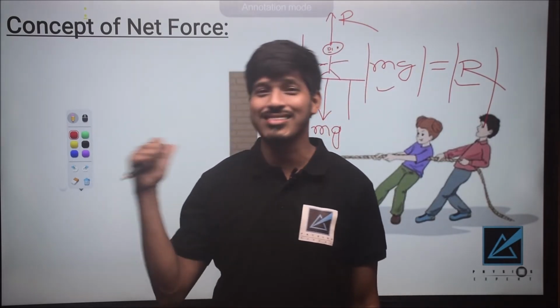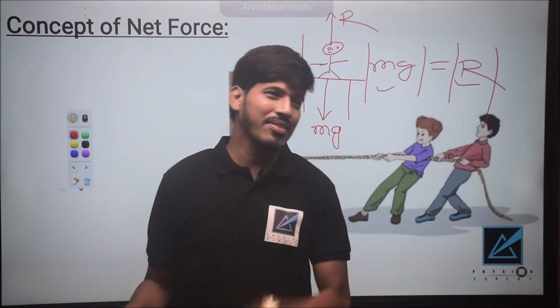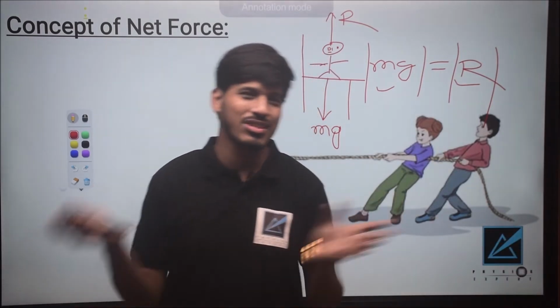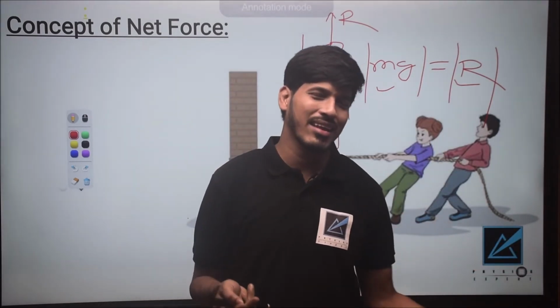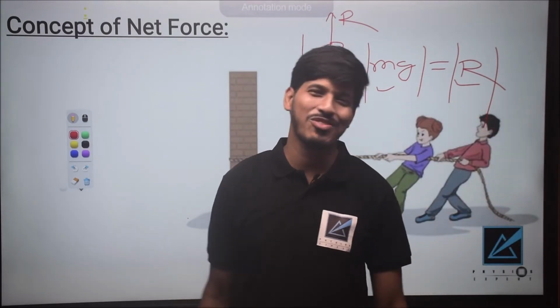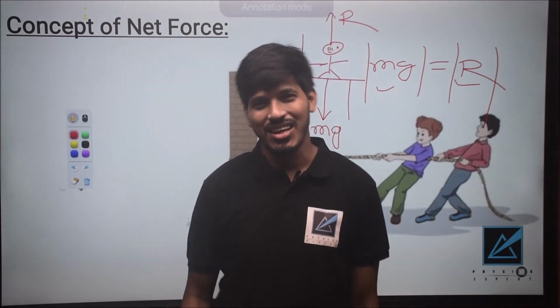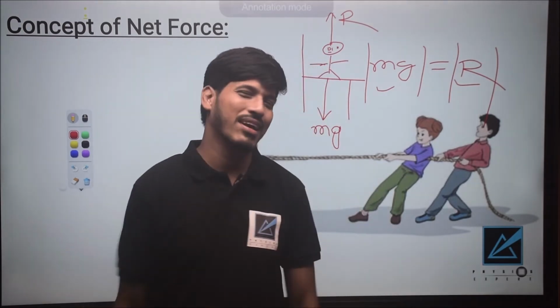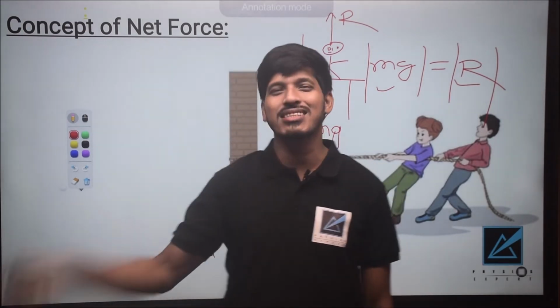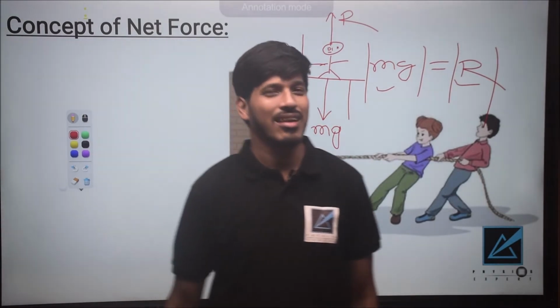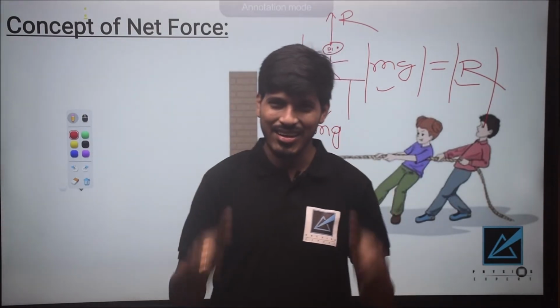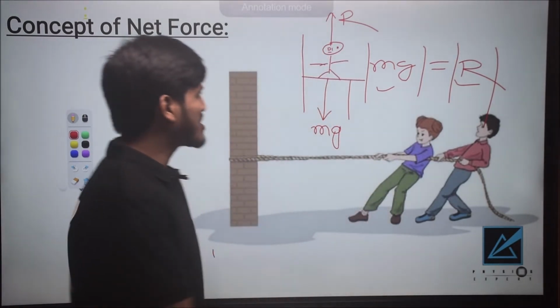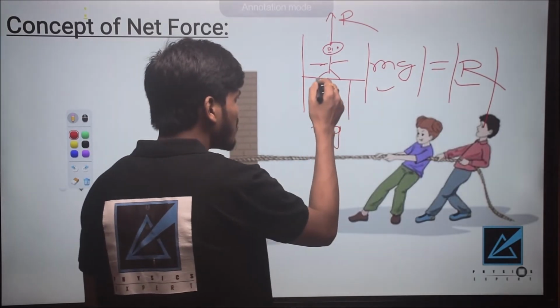In the earlier example, with a right force and a left force, if the right force is greater than the left force, then obviously the net force is in the right direction. If the left force is greater than the right force, then obviously the object moves towards the left.